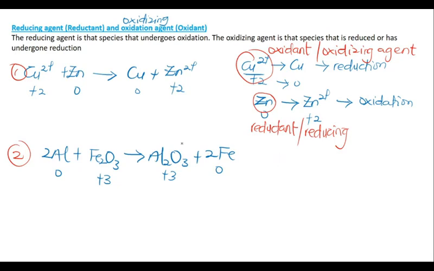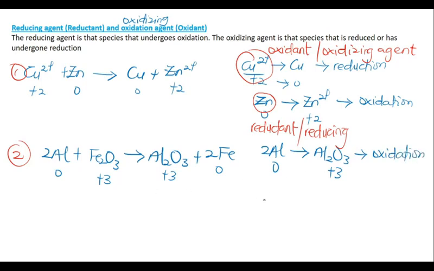So we have 2 moles of aluminum giving us this compound. We've moved from the oxidation state of 0 to plus 3. So this is an increase in oxidation. Oxidation has occurred over here.